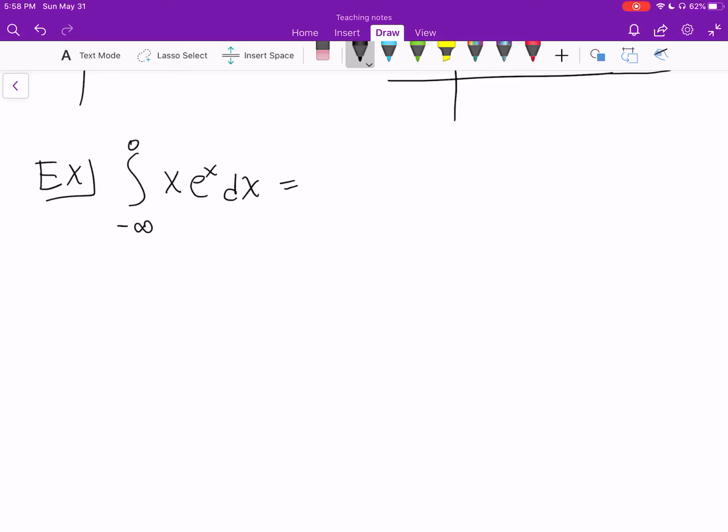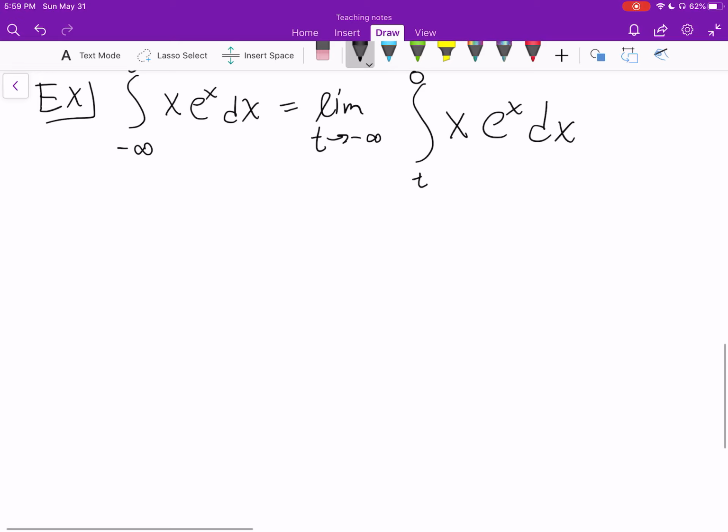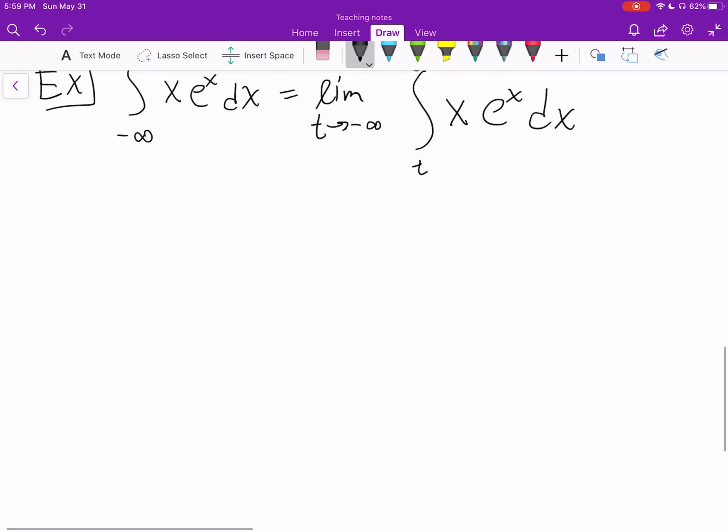Remember, don't forget to write it as a limit. The first step is always to write it as a limit. So the limit as t approaches minus infinity of the integral from t to 0, x e to the x dx. You'll need to know how to integrate this, obviously. What is this going to be? You need to do integration by parts.